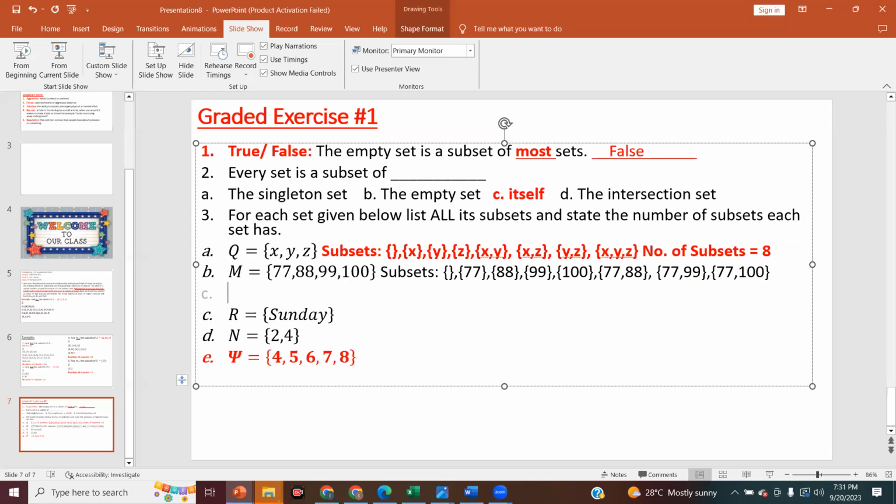Now we go to the 3s. Are we done with the 2s? No, we're not done with the 2s. We have 77, 88, 77, 99, 77, 100. You have to do what? 88, 99, and then 88, 100.